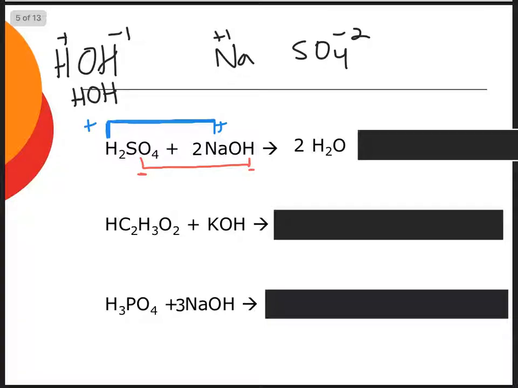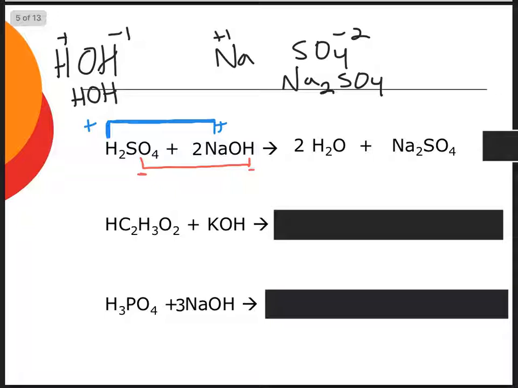When we crisscross sodium and sulfate, we will get Na2SO4. Okay, cool. And so what's going to happen is we need to balance, and that's where these 2's come from here. If you need to refresh on balancing, I suggest you go and watch Success 24/7. Let's move on to the next example.